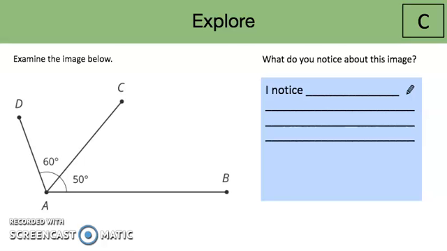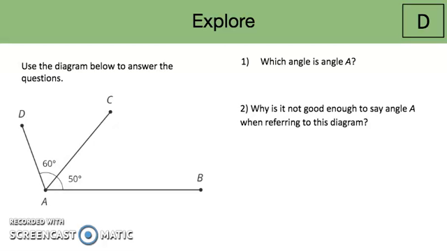And here they have to make some noticings. During this slide of the exploration, I highly suggest that students get guidance from the teacher and have the teacher model which is angle A and why you can't just say angle A in this particular diagram.